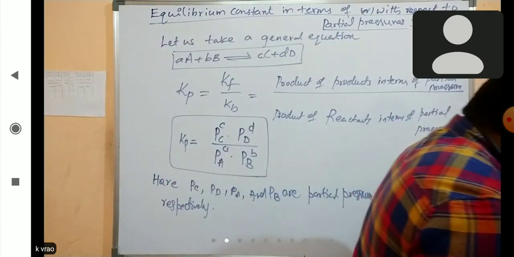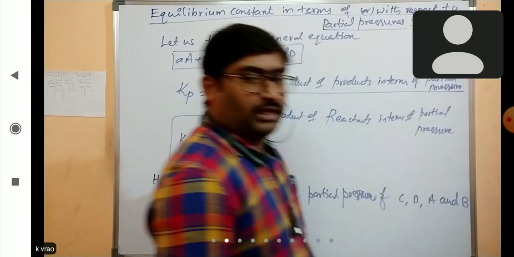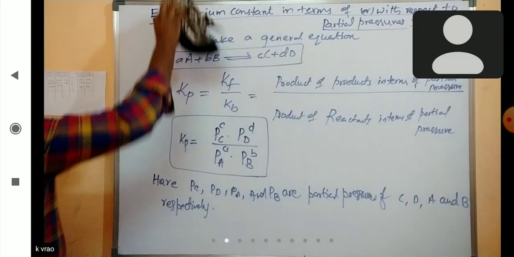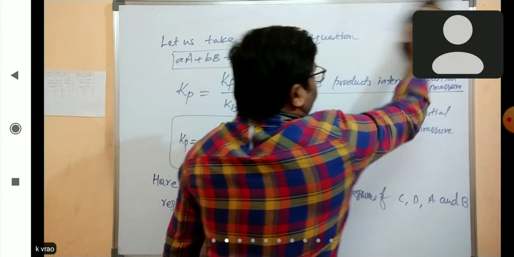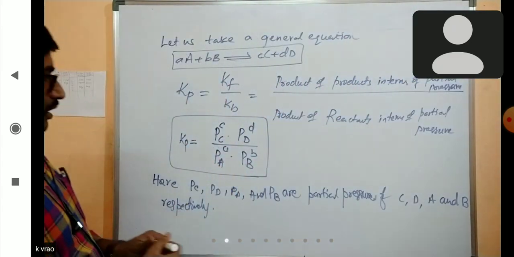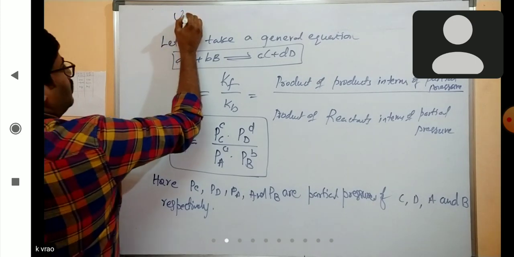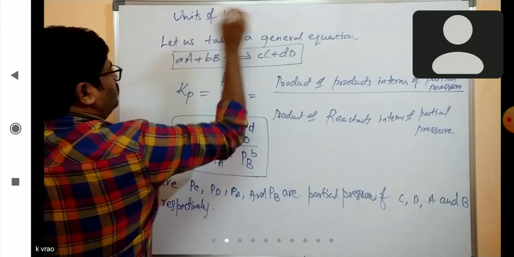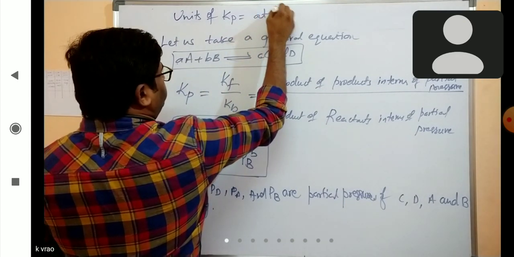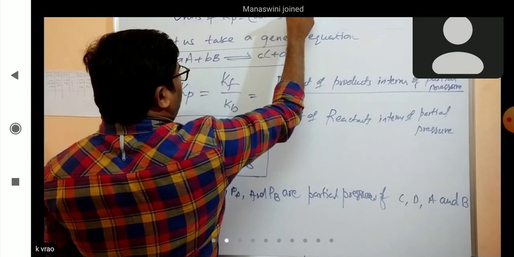Now, the units of Kp are atmosphere power delta n.